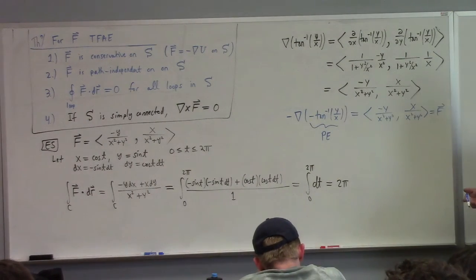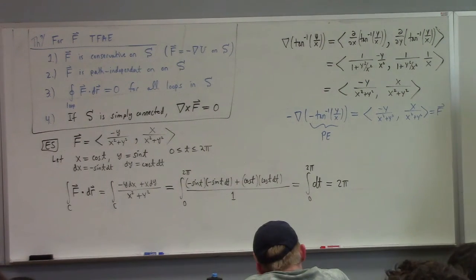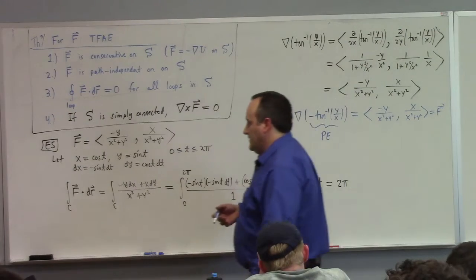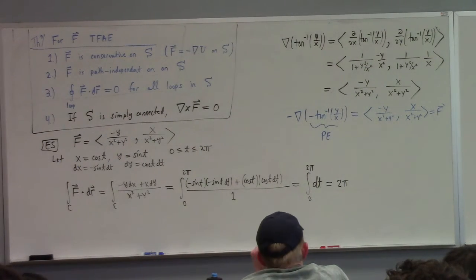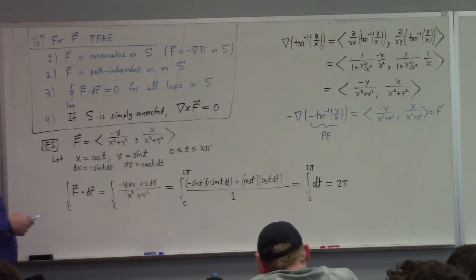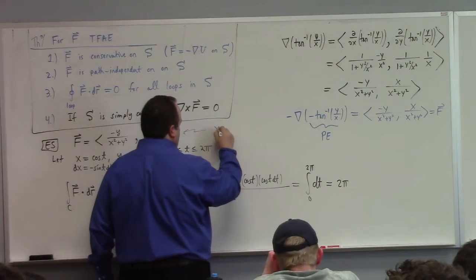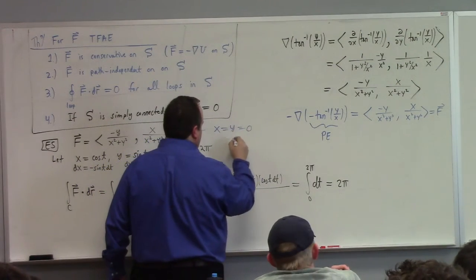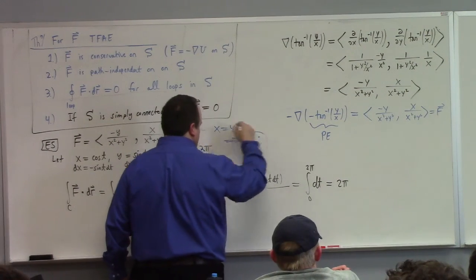The trouble is, what's the domain? What space is this vector field defined on? Let me ask it a different way. Where does that vector field not make sense? What's the problem here? Yeah, x equals 0, y equals 0.